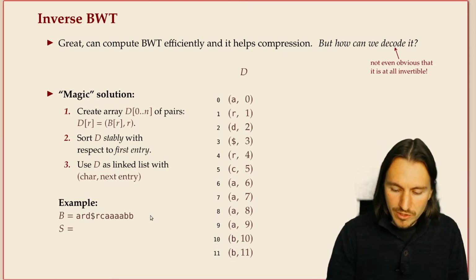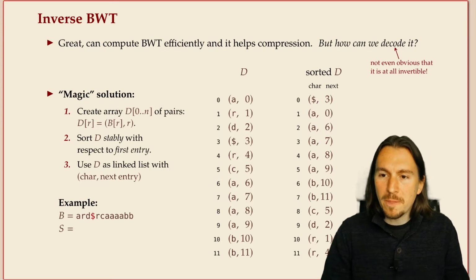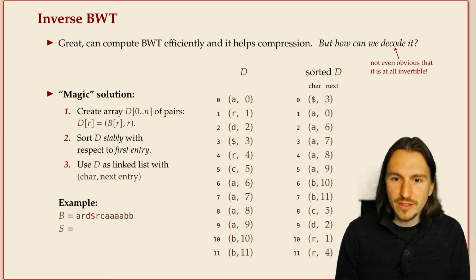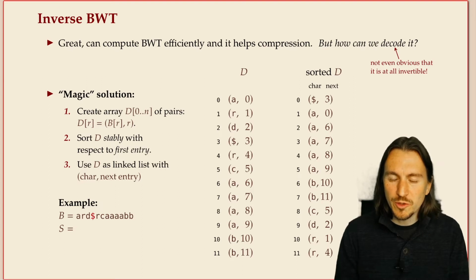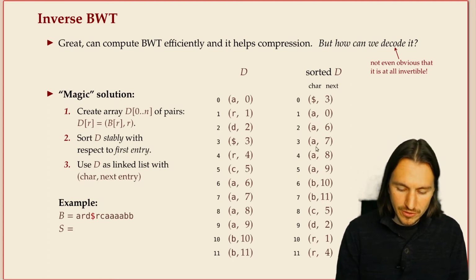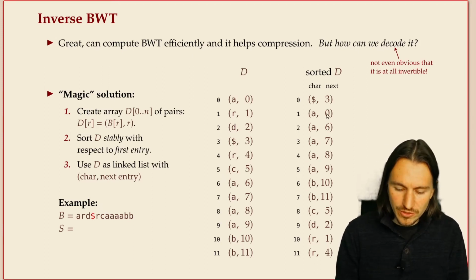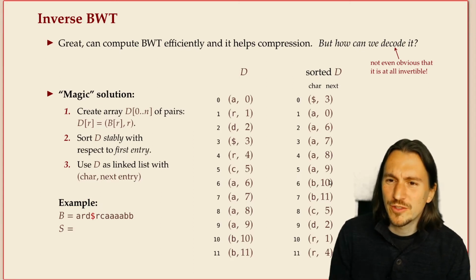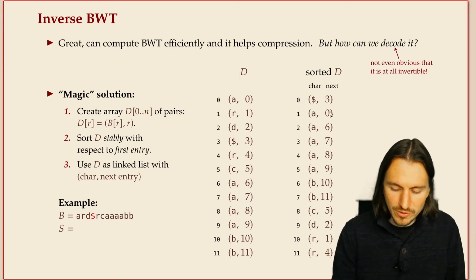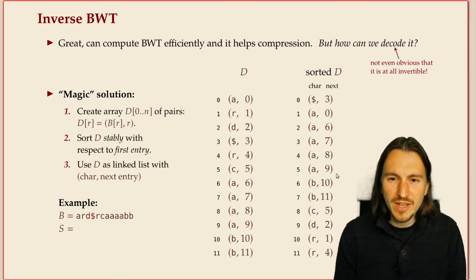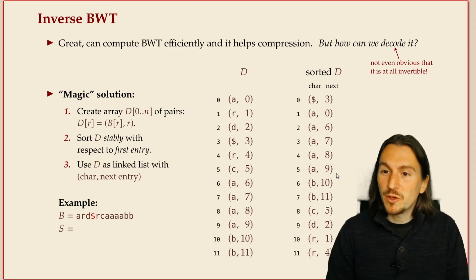The second step is we sort this list stably after the first entry. So what do I mean by stable sorting? I just mean if there are several A's, I will group together all the A's by sorting, and I will leave the second component intact in the same order as it was here. That's a fancy way of saying you just sort the pairs lexicographically first after the first component, and if that one's the same, you sort after the second component. I'm stressing that we don't actually do this, because we don't have to.